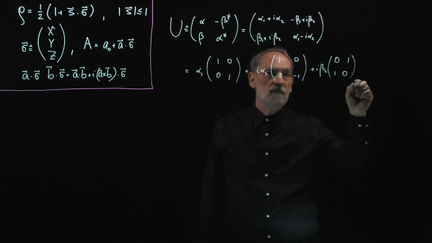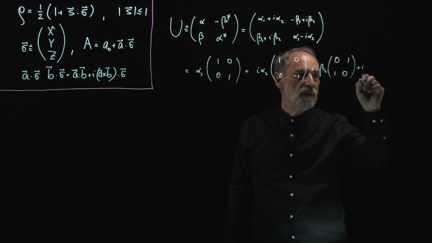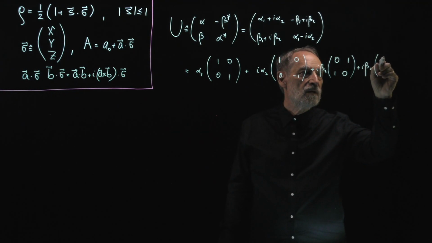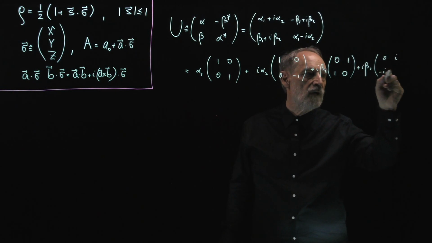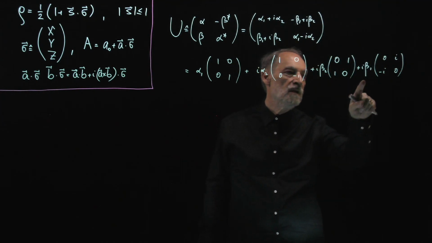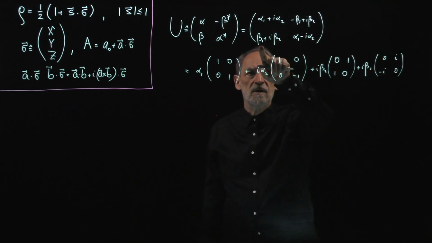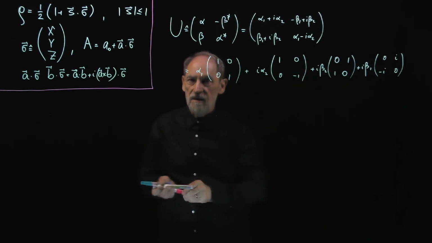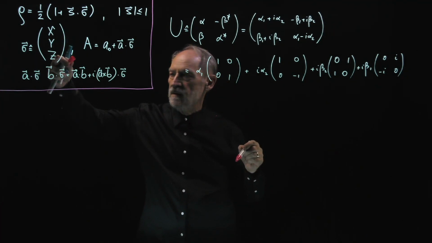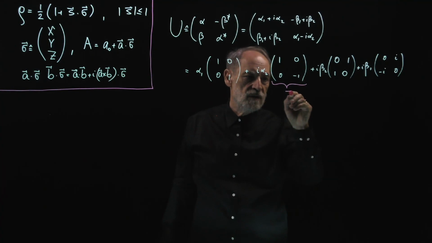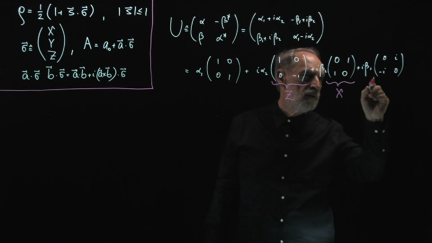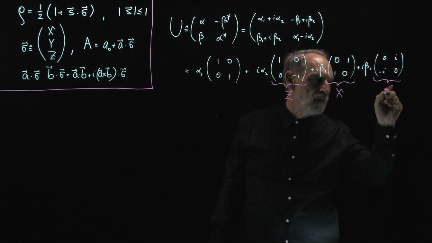And finally, I will write what goes with I beta 1, and what goes with I beta 1 is the matrix which has 0, I, and negative I, 0. As we can check, I beta 1 times I is negative beta 1 here, and I beta 1 times negative I is plus beta 1 here. But now we recognize the matrices that we have seen earlier, and which we called X, Y, and Z. This matrix is the matrix Z. This matrix is the matrix X, and this matrix is the negative of the matrix Y.